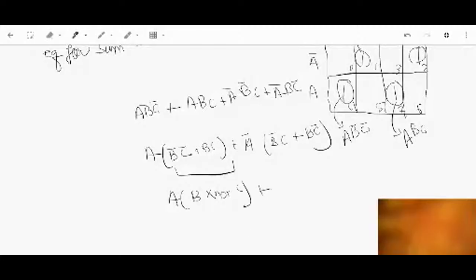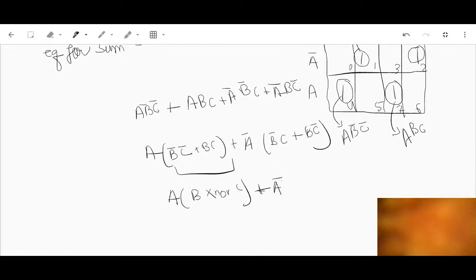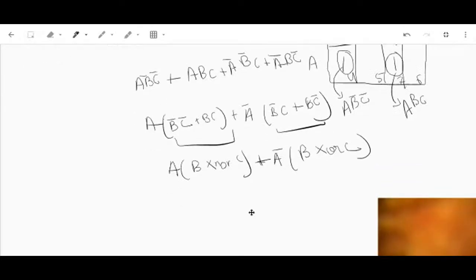And here we write like that. This is plus. Confused by that? Here this will be forming XOR gate. So B XOR C.